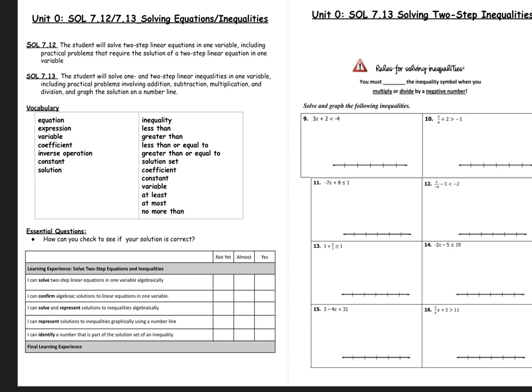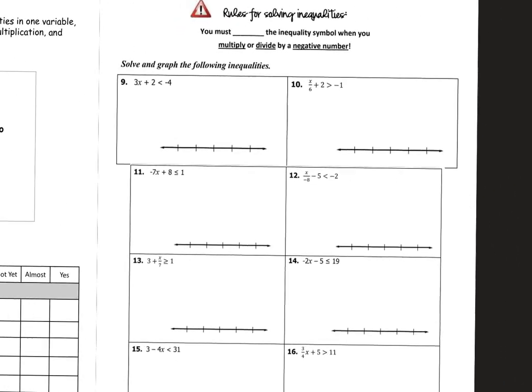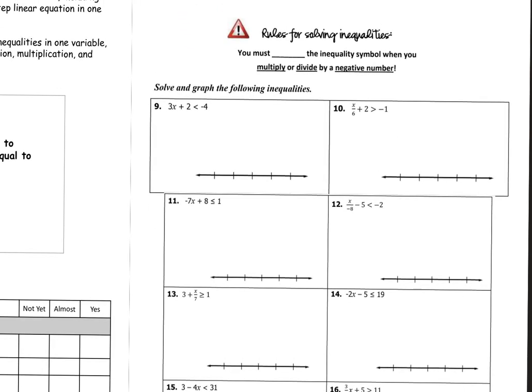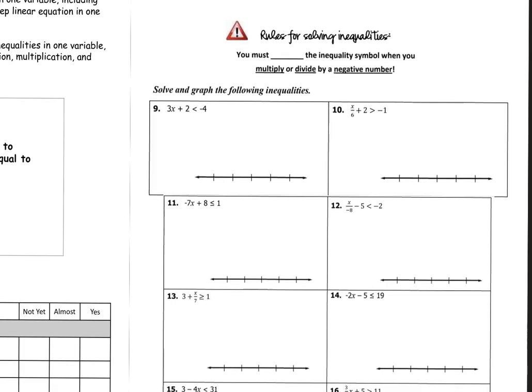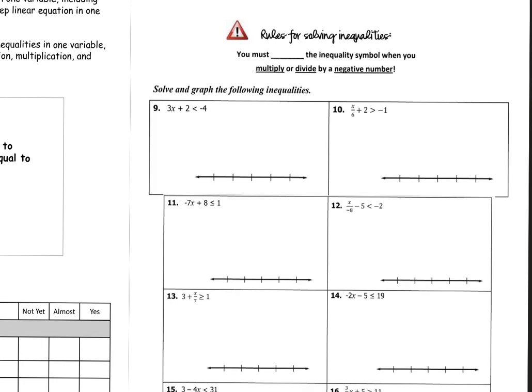All right, so taking a look at inequalities, one of the big differences between inequalities and equations, other than the equal sign and using the four inequality symbols, is that for solving inequalities, you must flip the inequality sign or symbol when you multiply or divide by a negative number.